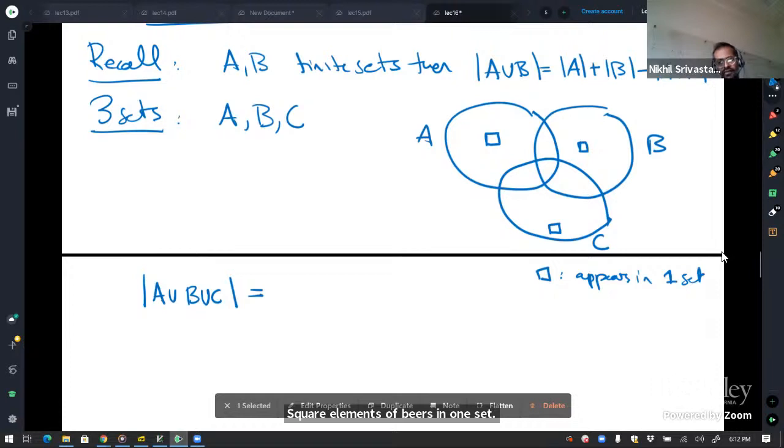Those are easy to count. The number of squares is just the sum of the squares in A and the squares in B and the squares in C. And then there are some more complicated elements, which are triangles, which appear in exactly two sets.